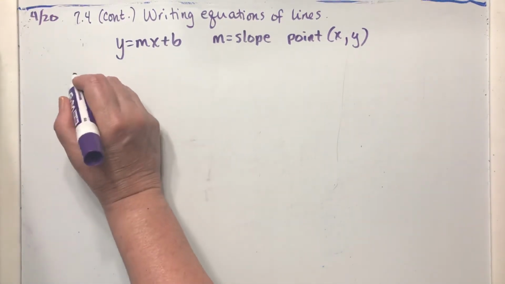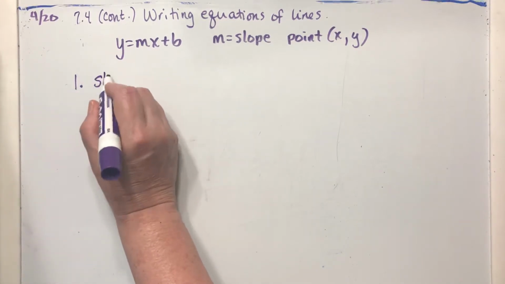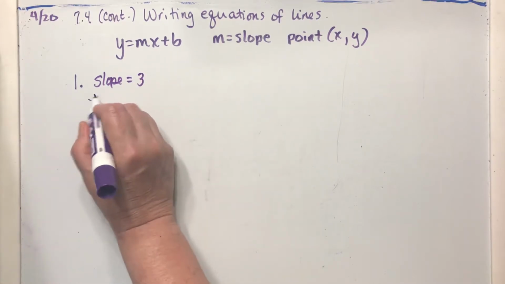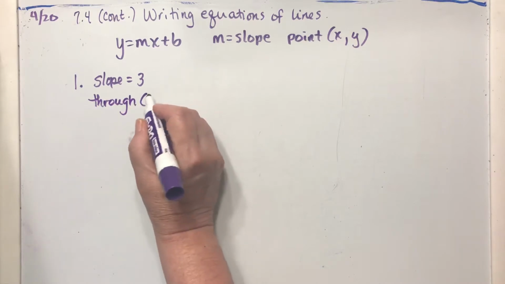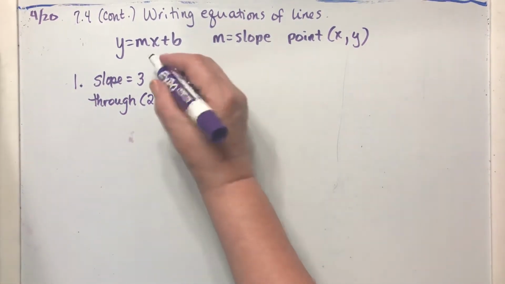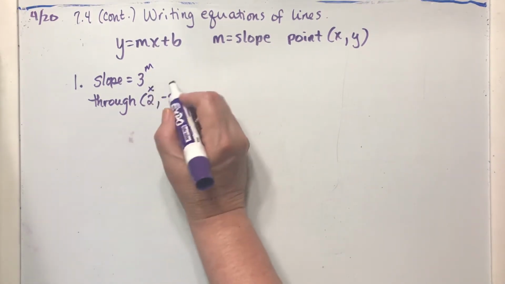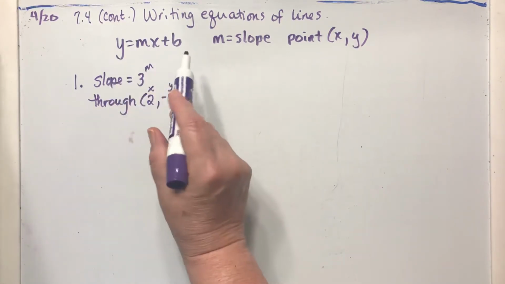So for example 1, suppose we're given that the slope is 3 and that the line goes through the point 2, -5. And we're going to write the equation of this line. Well, the slope that you're given, that's always m, and the point that you're given, that's always the x and the y. So we've got 3 things that we're going to plug into this formula.